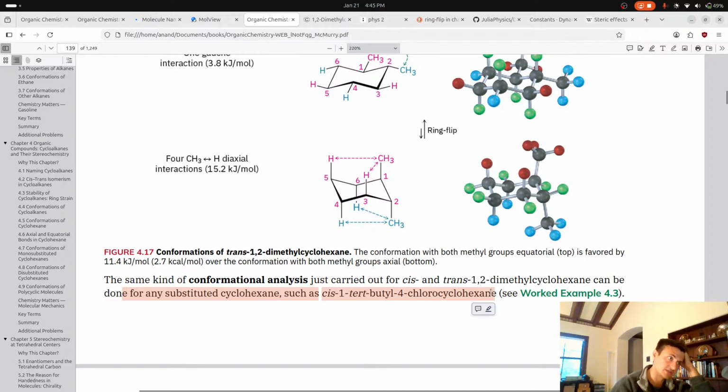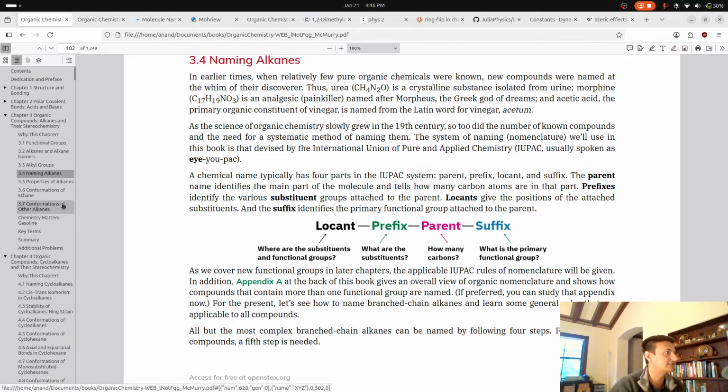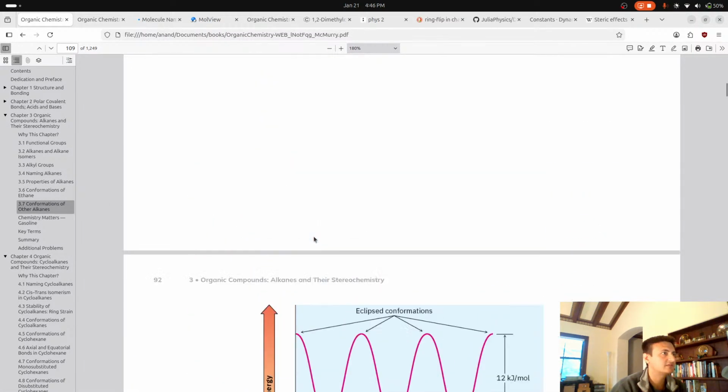Okay, wait, hold on. Let's look at this. Cis 1 tert-butyl 4 chloro. So here we're going to have tert-butyl. I'm pretty sure tert-butyl is C(CH3)3. Can we actually go back to that section? Because that section is so confusing. Is it this? No, it's not that.